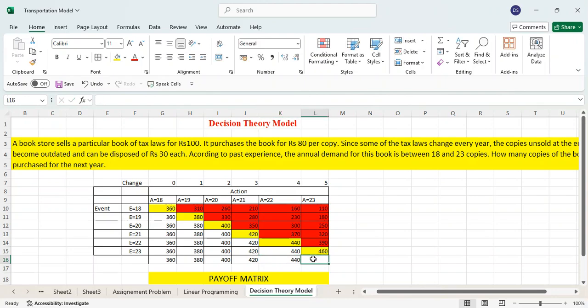And similarly, 460 rupees. That is the maximum amount of money I could get by taking the right decision at the right time, but I could not take it due to my own inefficiency. I just make a bit of a change of colors by which it will be easier for you. Okay.